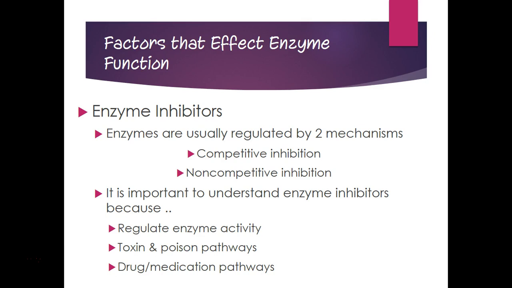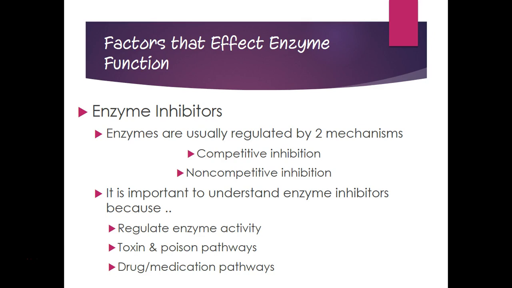Flip side to that, we can also use it, medically speaking, to make drugs and medications to block things like pain receptors. Alright, and if I can mimic that substrate, prevent the enzyme from doing its job, I might be able to make you feel better as well.